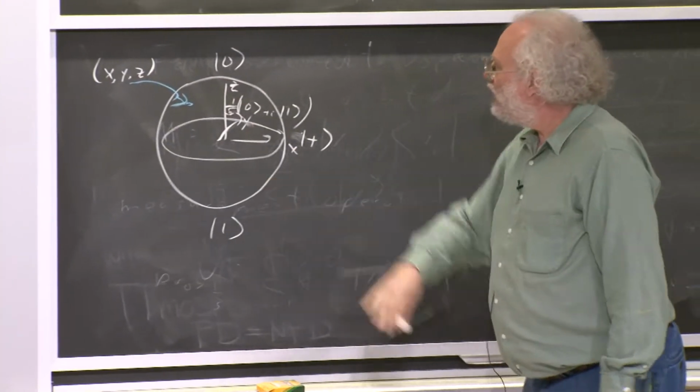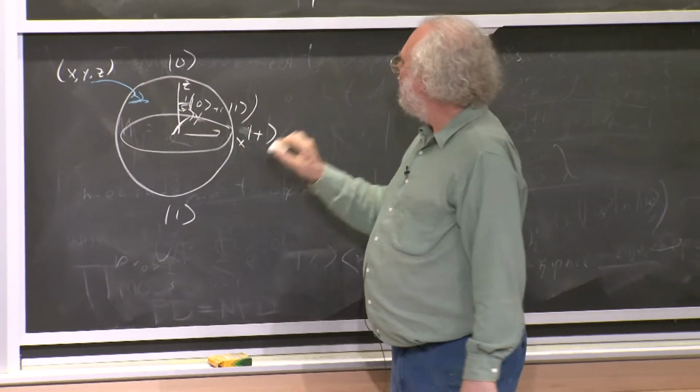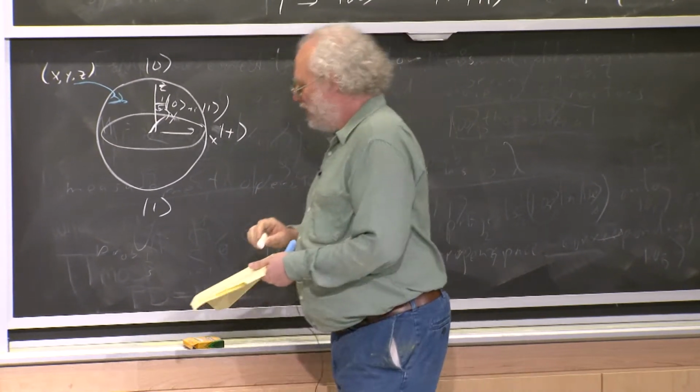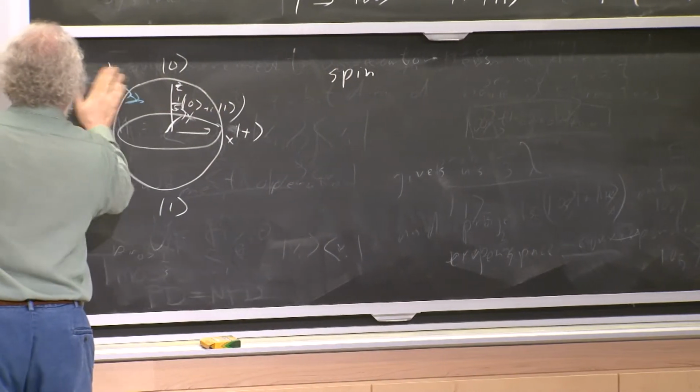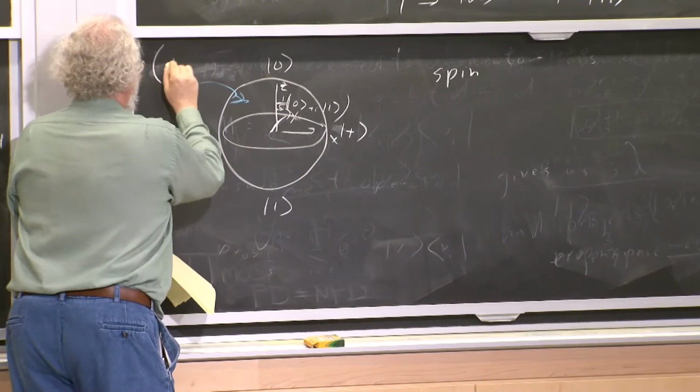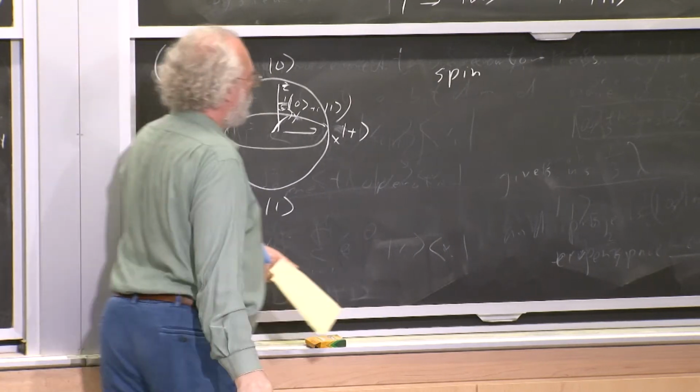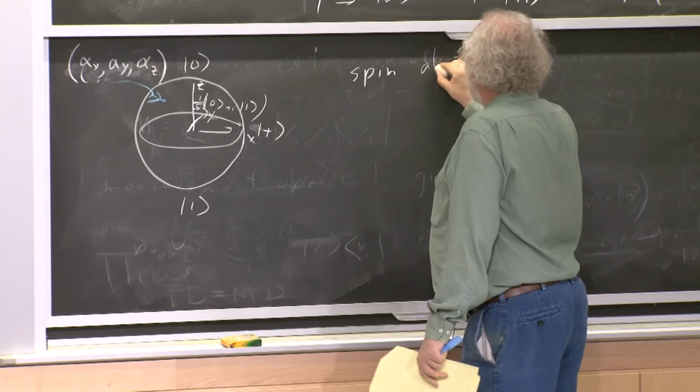So this is the Bloch sphere, and I'm going to claim the spin along the (alpha x, alpha y, alpha z) axis.